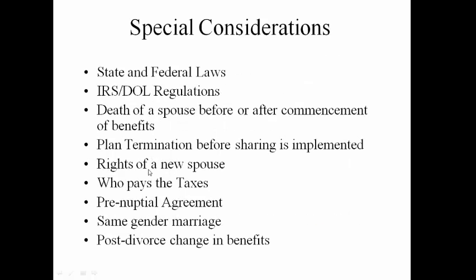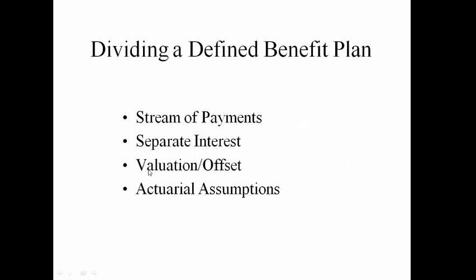Now, the two last bullets on this slide are very important when it comes to separate interest calculations. Remember when we talked about the valuation offset method, where we actually value the benefit plan and offset it against another asset in the marital estate?